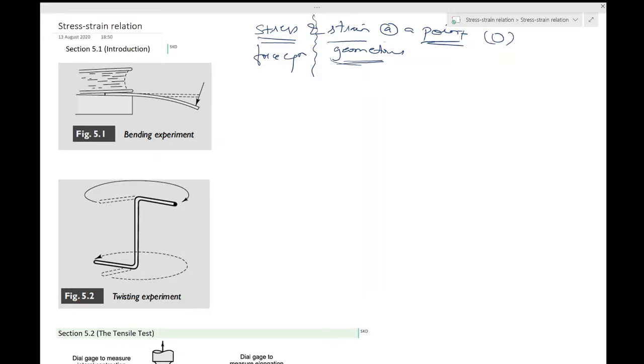Now you have three equations of equilibrium. Can you recall what they were?